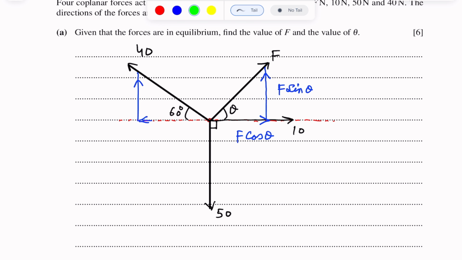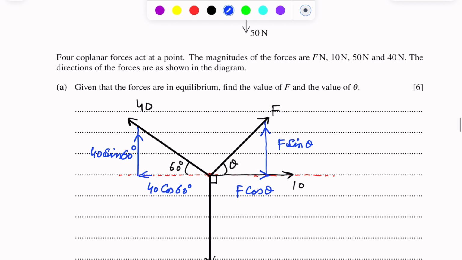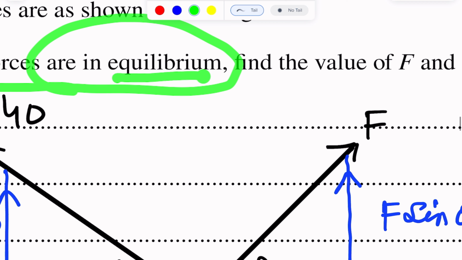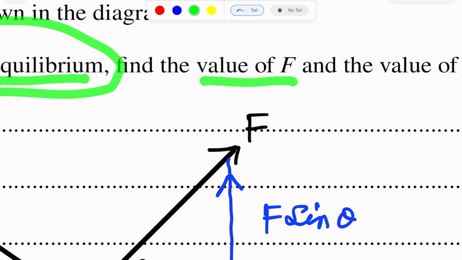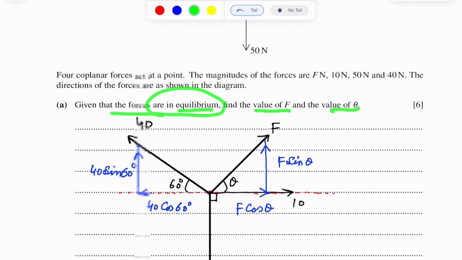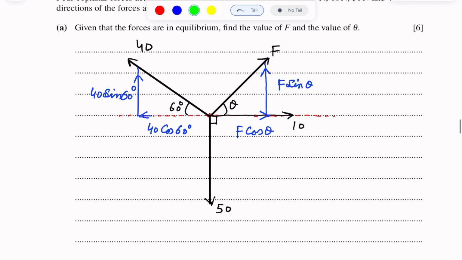So this will be 40 sin 60. This component is 40 cos 60 degrees. And now, given that the forces are in equilibrium, we have to find the value of F and the value of theta. So these are the conditions for equilibrium.